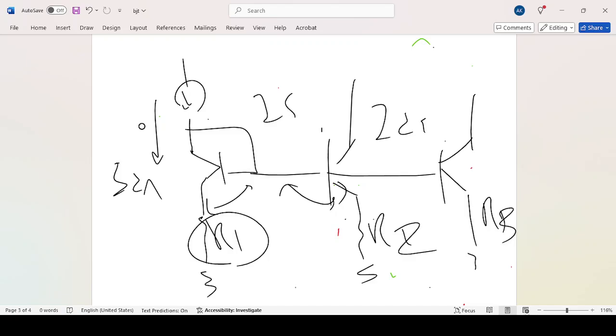But they have a reverse relation between R2 and R1 and IC2 and IC1. So by just using KVL and KCL, you can define this, and this is good for defining matching and everything.